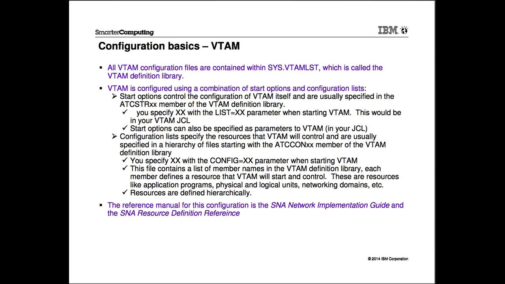And the config file, the ATCCON01 file, simply contains a list of other files in the VTAM definition library, and each member defines a resource that VTAM will start and control. So resources are things like application programs, physical and logical units, networking domains, etc. And it's all very hierarchical. You have nodes in the definition library that have nodes underneath them. The nodes underneath them, each one controls what's below it. The reference manual for this configuration is the SNA Network Implementation Guide and the SNA Resource Definition Reference.